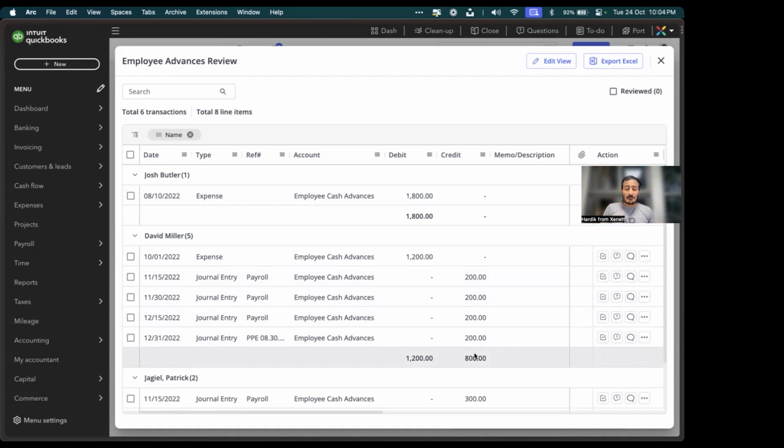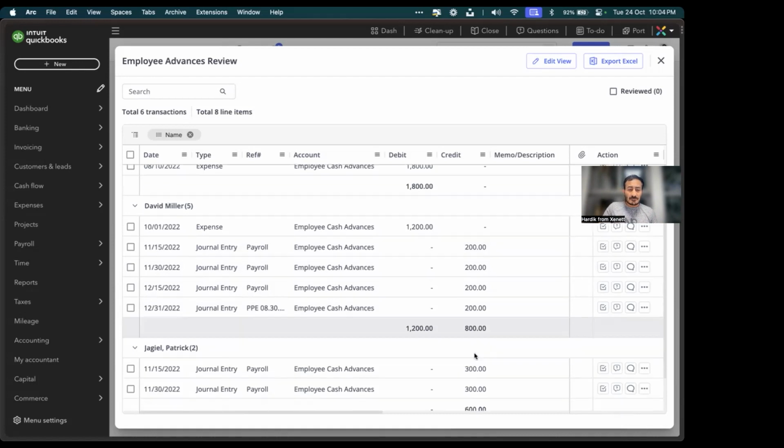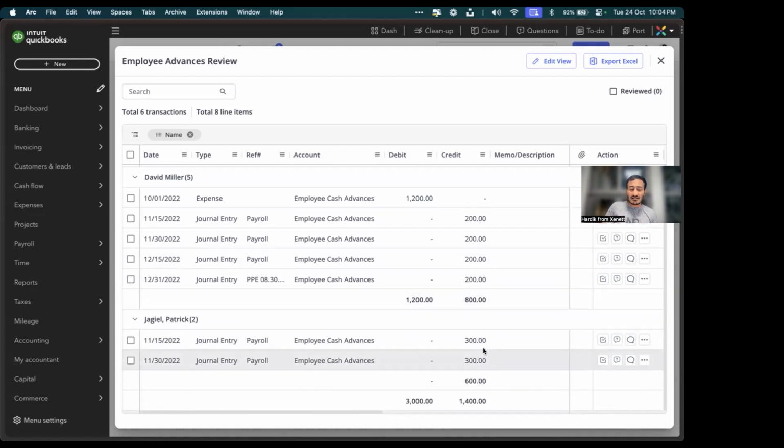Now, we also need to pay attention to other situations which we have come across, where there might be some deductions, but there is no advance recorded separately. Let's take an example of this employee called Patrick. We can see there are deduction entries, but there is no advance given entry.